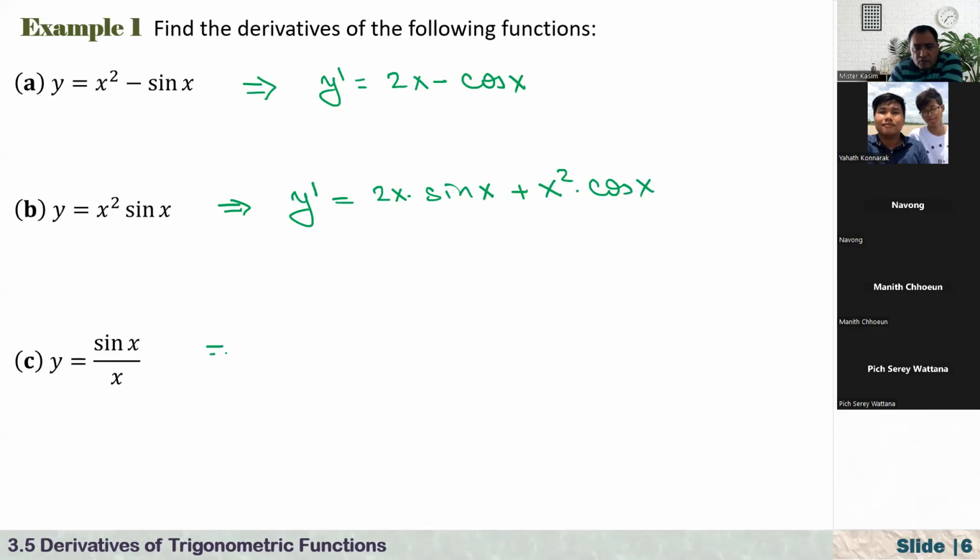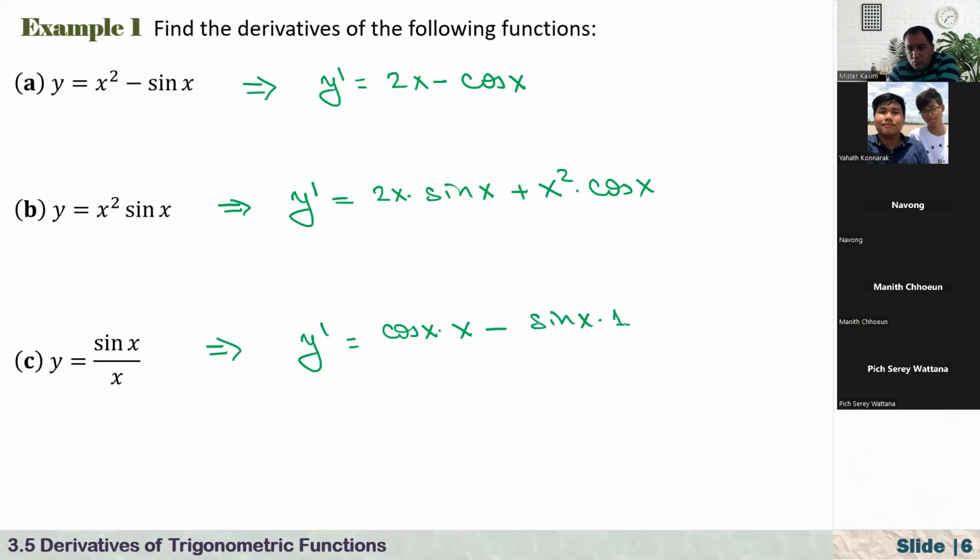And the last one, we have the quotient, right? What is the quotient of two functions? That's sine of x over x. So that's equal to y prime. And what is the derivative of u over v? That is u prime v minus u v prime, right? If you differentiate the sine function, that's cosine of x times x minus sine of x times, what is the derivative of x?